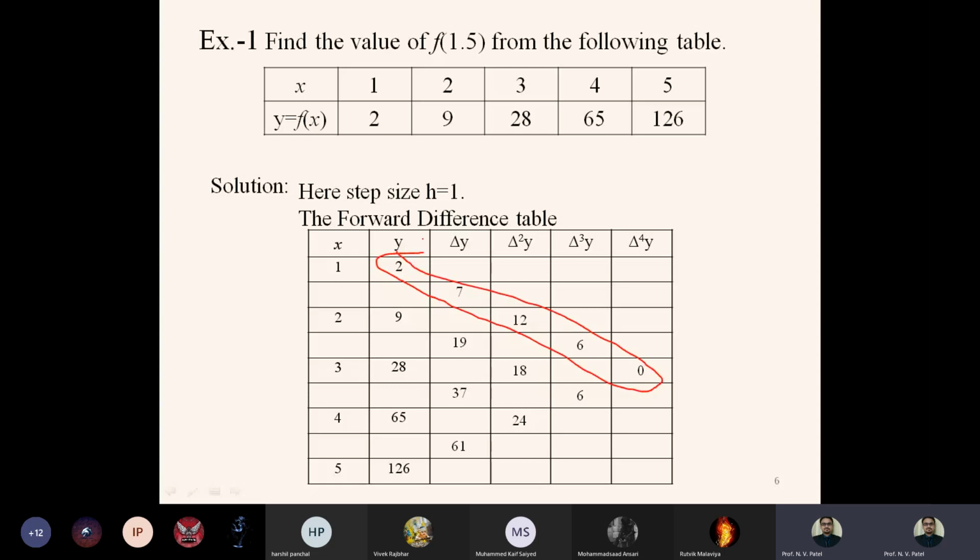क्योंकि फॉरवर्ड इंटरपोलेशन अप्लाई करना है हमें, तो शुरुआत की जो वैल्यू है 2, 7, 12, 6 एंड 0. y0 की वैल्यू 2 होगी. So y0 is 2. हम डेल्टा की पहली वैल्यू मतलब कि डेल्टा y0 that is 7, delta square y0 that is 12, delta cube y0 that is 6, and delta raised to 4 y0 is 0.